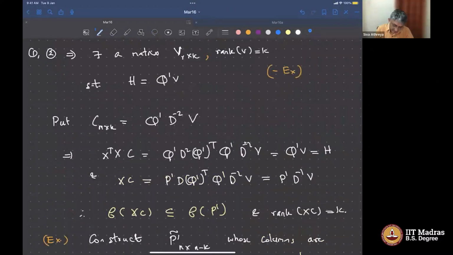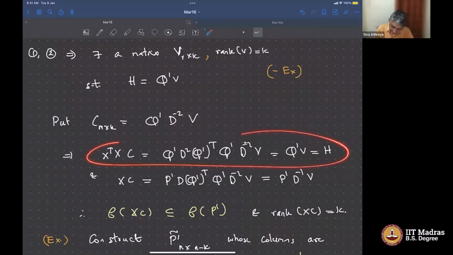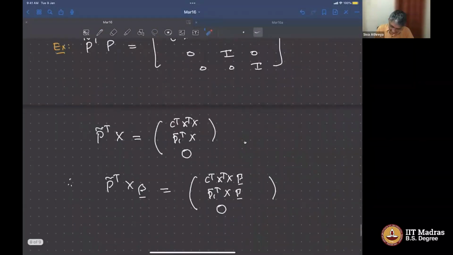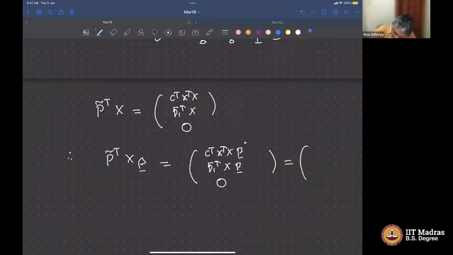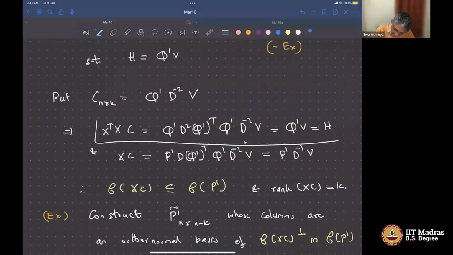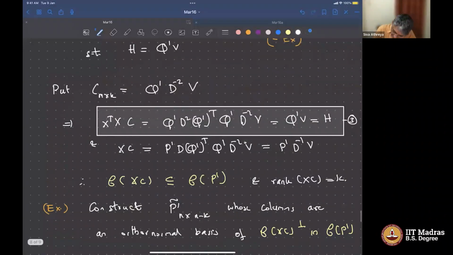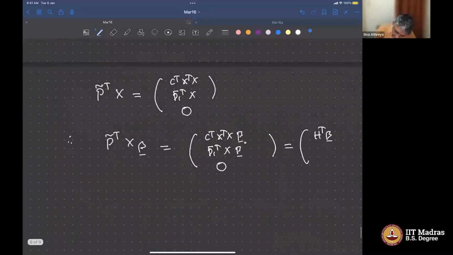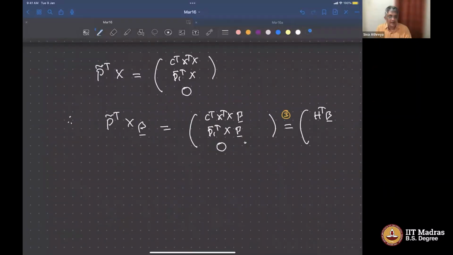That was just H. If you go back here, there's H. So the first entry will give you H transpose beta. We call this fact 3. This is from fact 3. And the other one you leave as it is, P1 tilde transpose X beta, and 0 is very good.